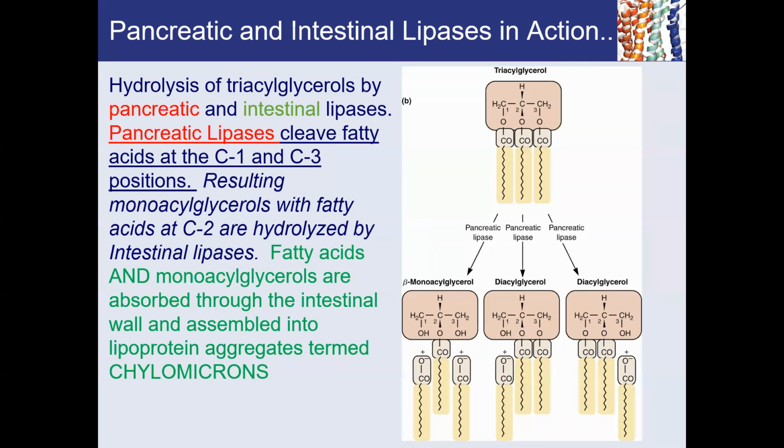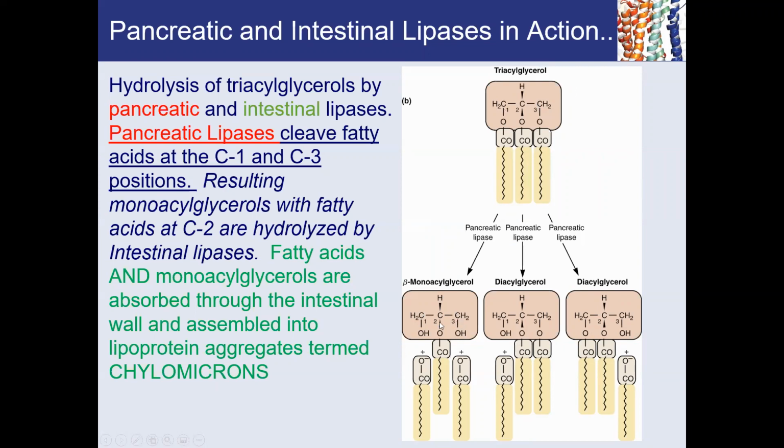So a little introduction to lipases. Although we did talk about lipases, as I said, there are different types of lipases: pancreatic lipases, intestinal lipases. All they do is take triacylglycerols and cleave the acyl group either at the C1 position or at the C3 position.